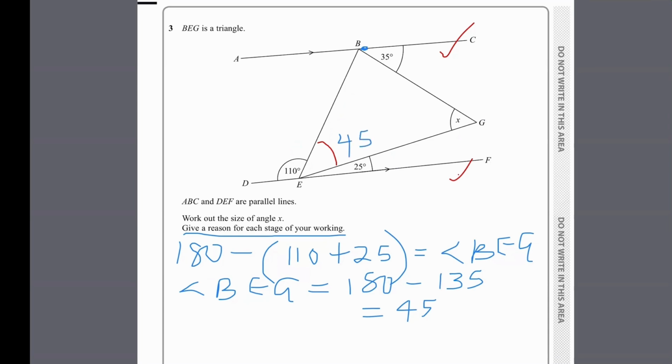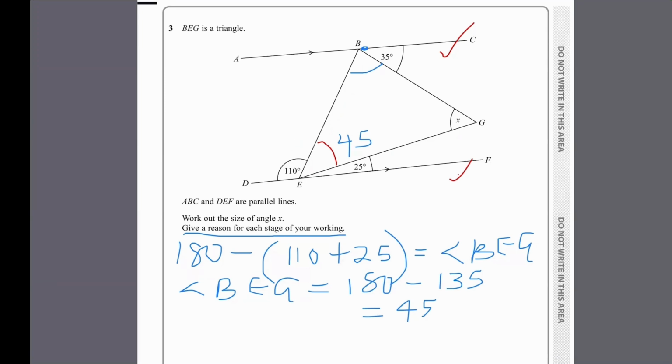Once that angle has been found, the next thing is to find the angle here. There are so many ways that this can be solved. We can choose not to even find that angle.